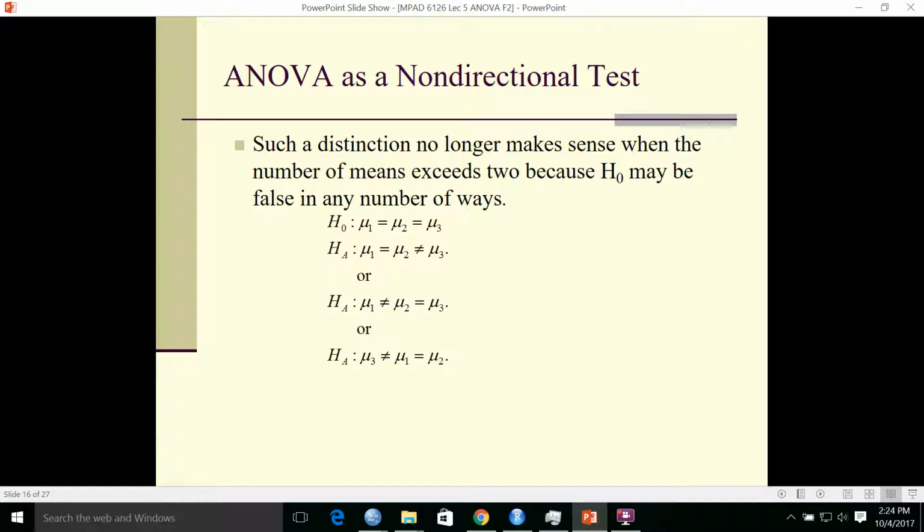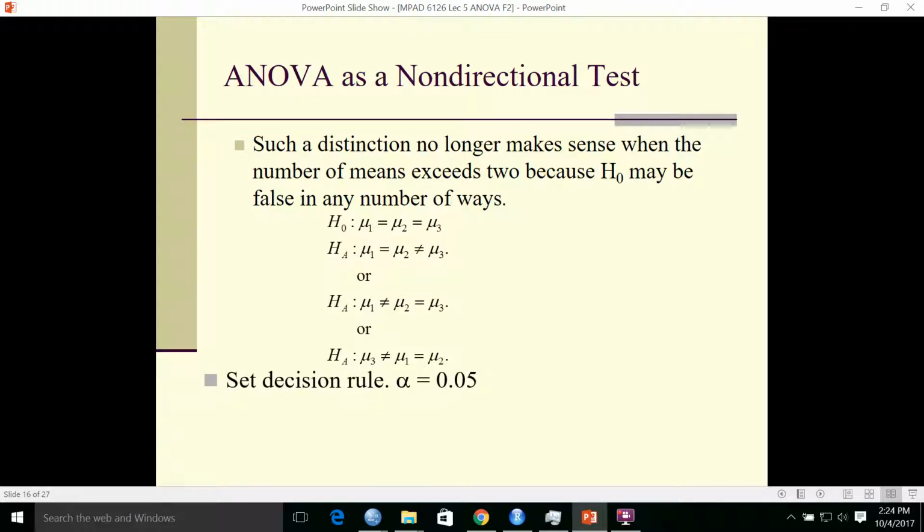The null here being that all of the means are the same, and then the alternative being that mu2 does not equal mu3, or mu1 does not equal mu2, or mu3 does not equal mu1. That would be the possible combinations. That is more technically correct.